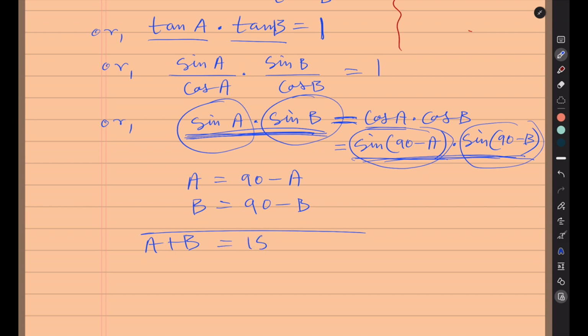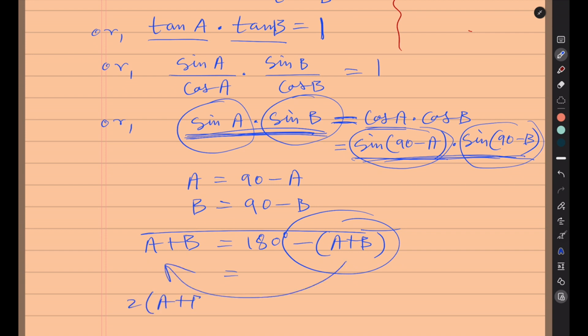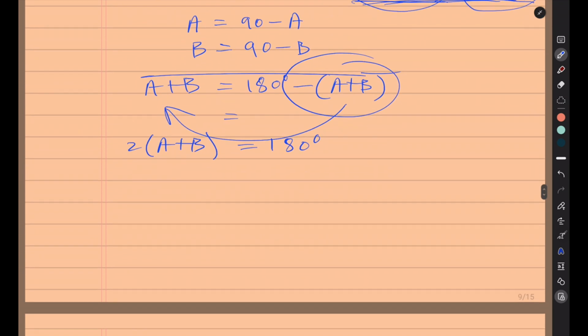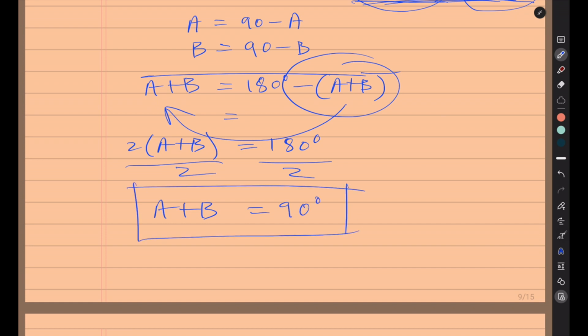Then A plus B will be equal to 180 degree minus A plus B. Then just bring this side. So it will be 2 times A plus B will be equal to 180 degree, and just divide by 2 both sides. Then you will get A plus B is equal to 90 degree. Proved.